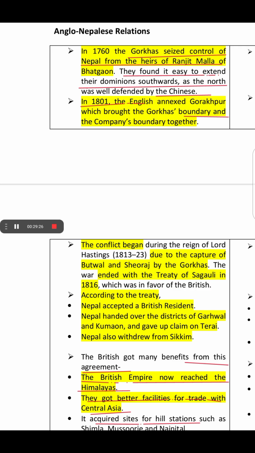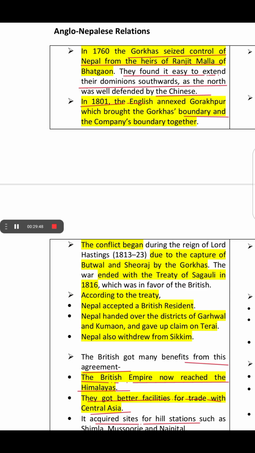Under the Treaty of Sugauli in 1816, Nepal was forced to sign a treaty with the British, and under this treaty, Nepal had to give up large territory like Sikkim, Kumaon, Garhwal, and a part of Terai to the British.